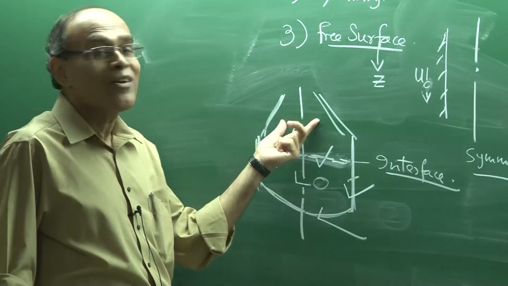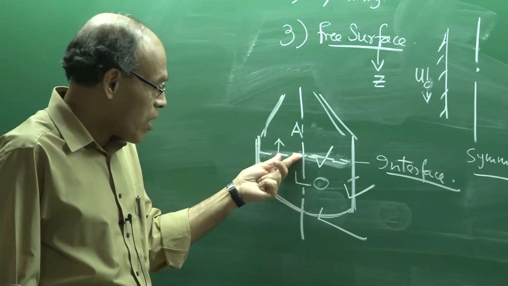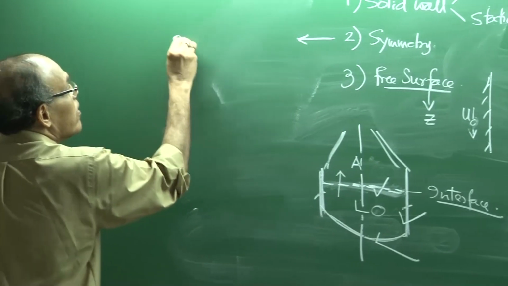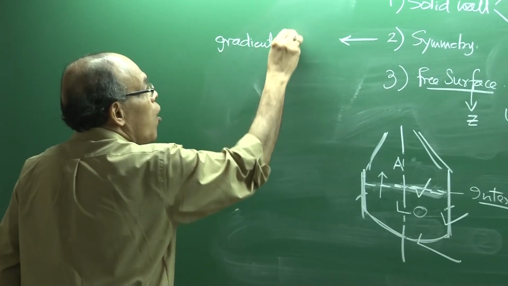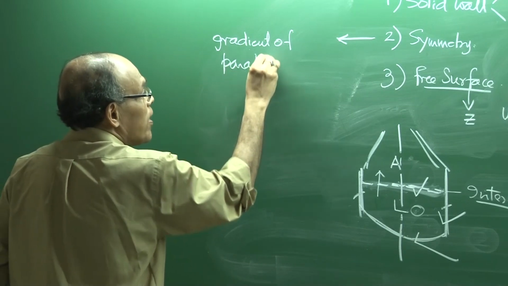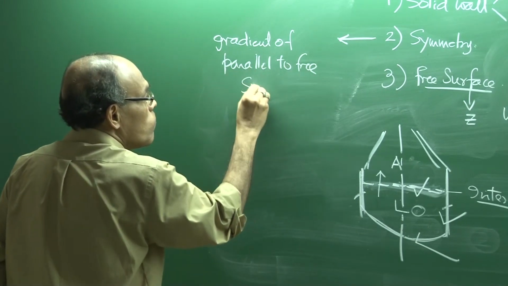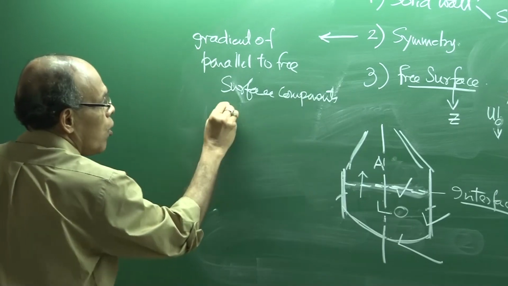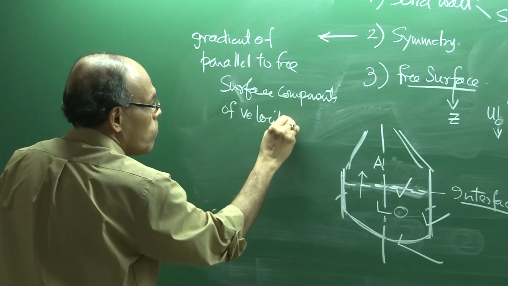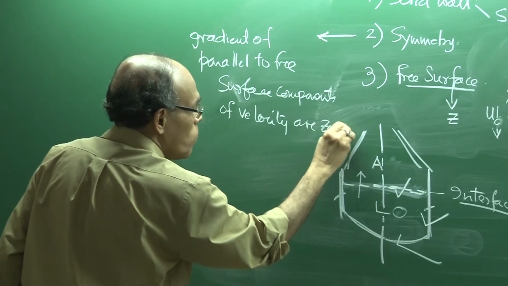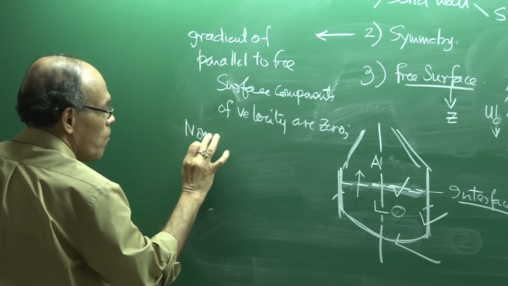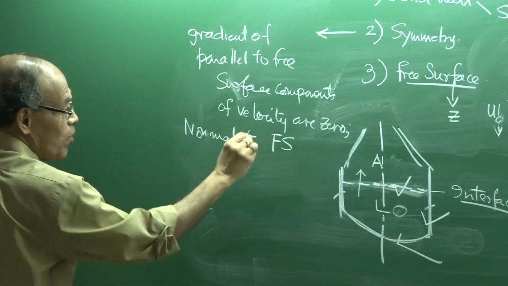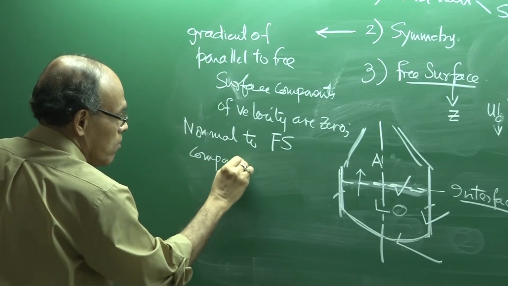That means there is no shear which is transferred across the interface from the fluid to the gas phase, which essentially tells us that the gradient of the components of velocity parallel to the free surface are 0, and the component normal to the free surface, I write capital Fs, free surface, is 0.